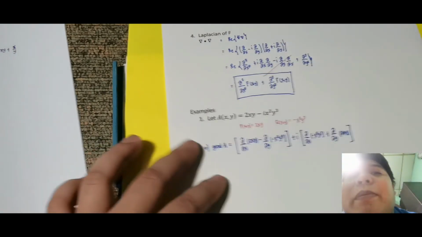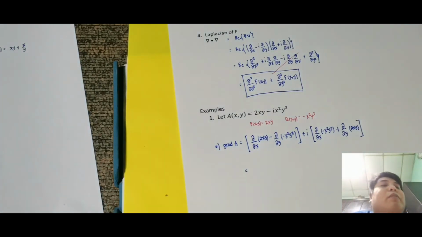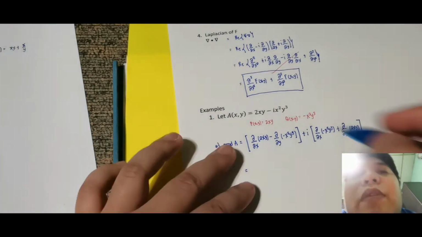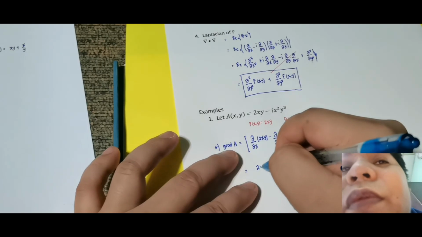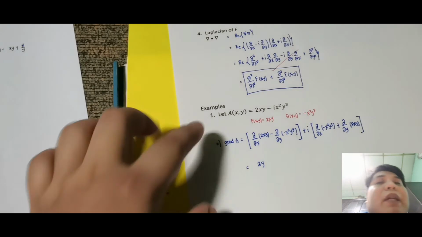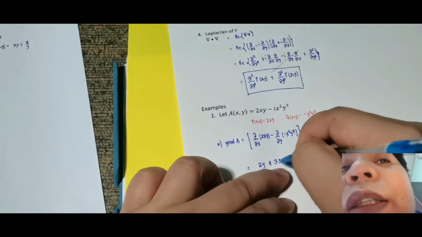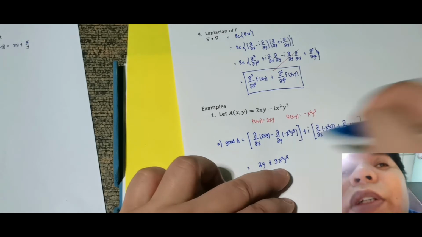Okay, next, of course, we simplify that. So, obtain using the partial derivative. The partial derivative of 2xy with respect to x is 2y, minus the partial derivative of negative x squared y cubed with respect to y, which is negative 3x squared y squared, times negative, that is plus. So that is plus 3x squared y squared.